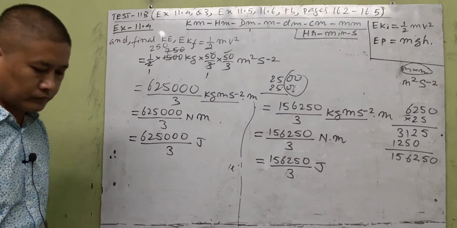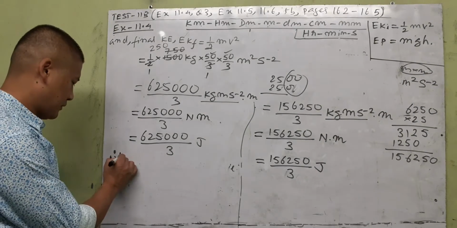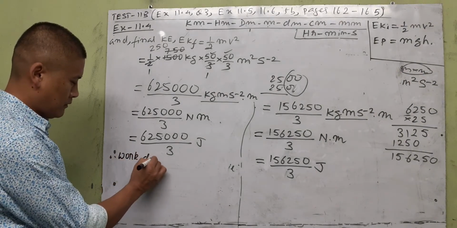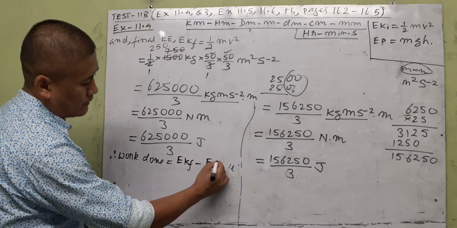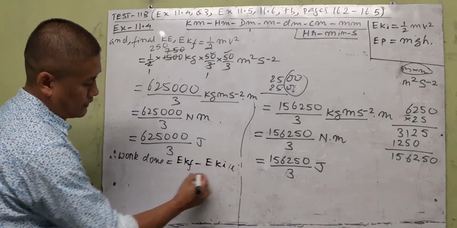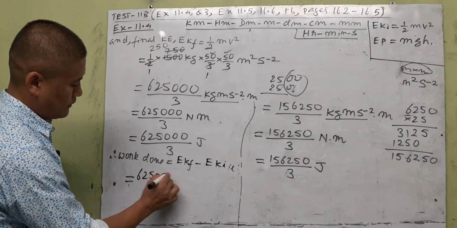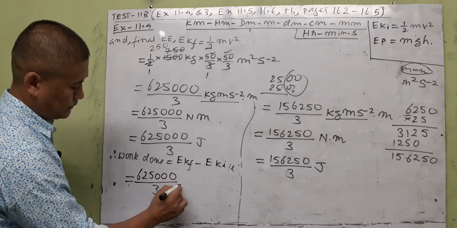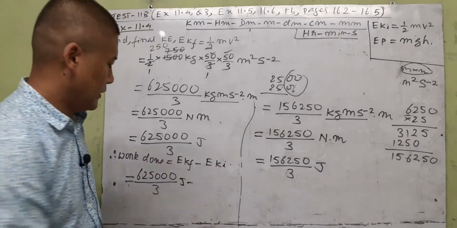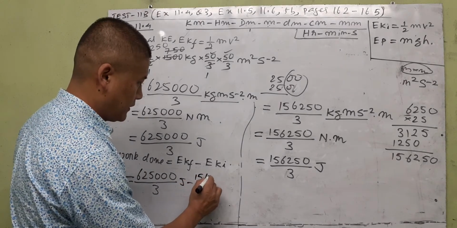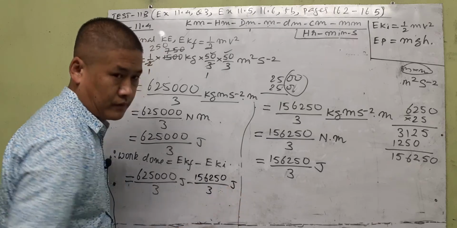Therefore, question, go back. What is the work to be done to increase? So work done will obviously be final kinetic energy, EKF, minus initial kinetic energy. So final is here 625,000 by 3 joule minus initial is here, this one, 156250 by 3 joules.